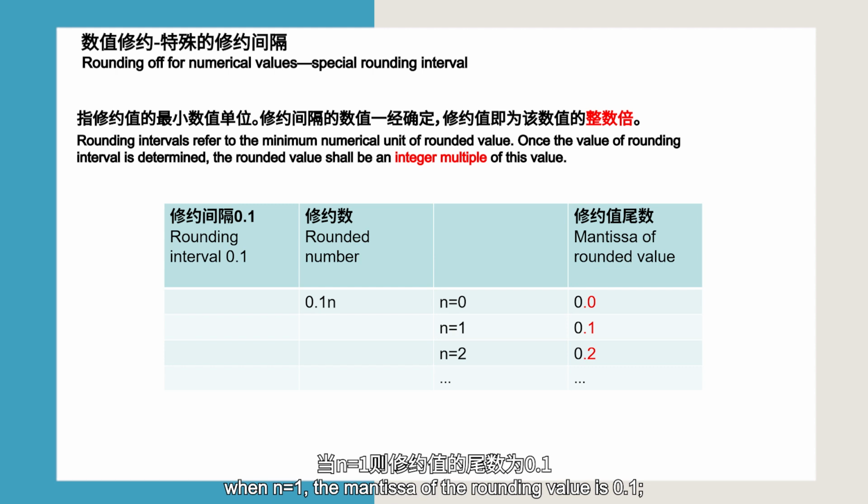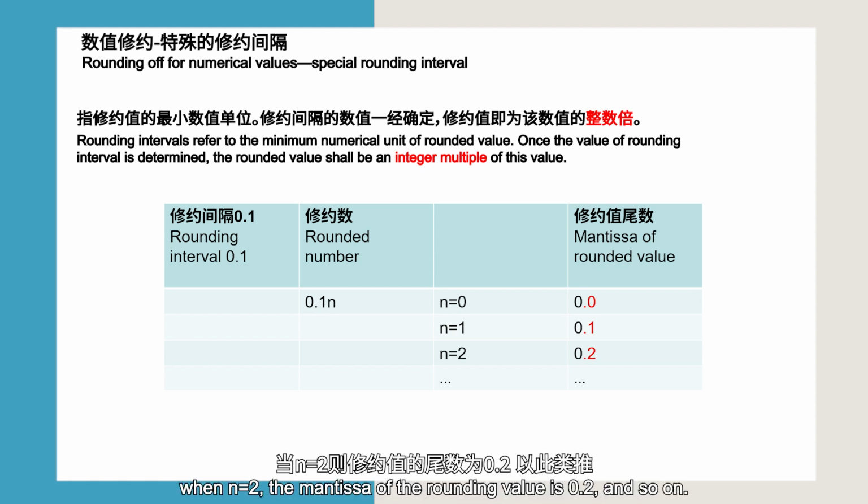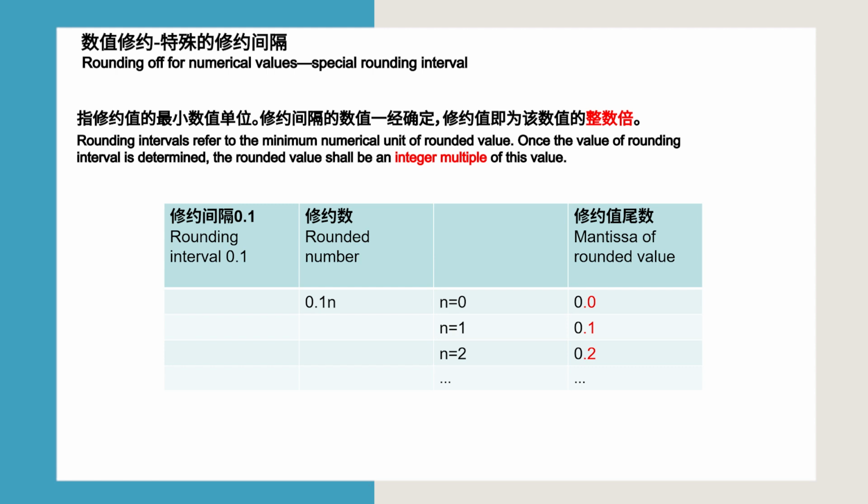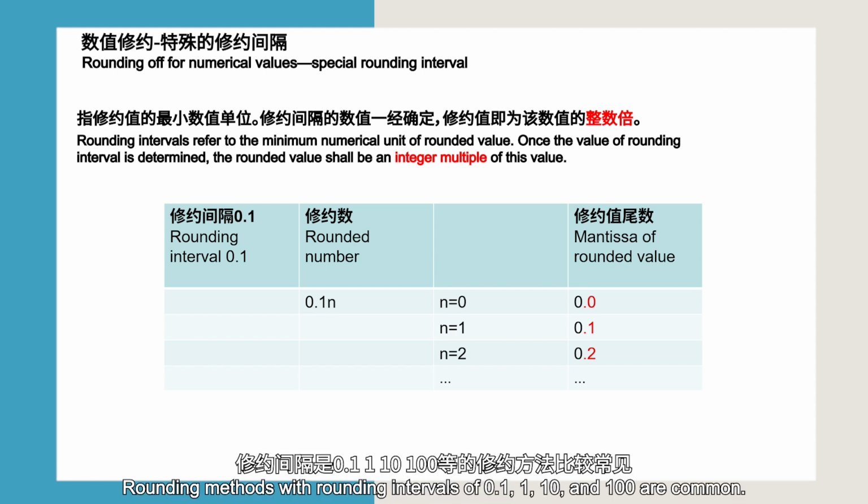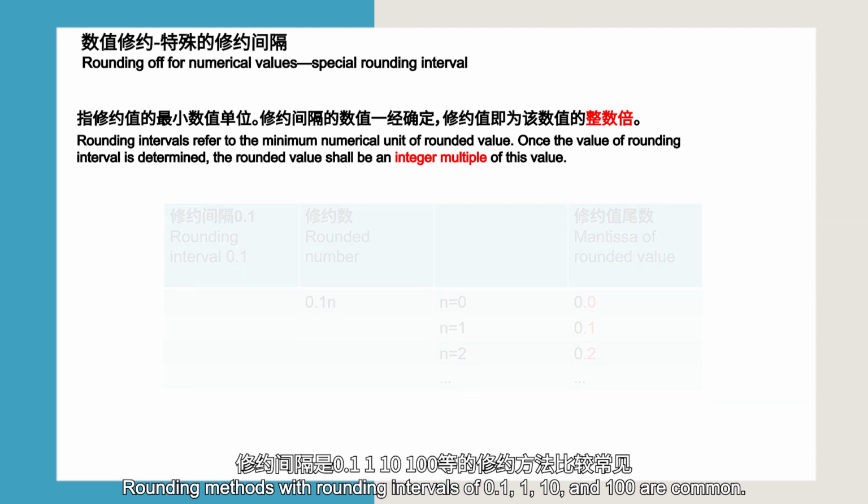When n equals 1, the mantissa is 0.1. When n equals 2, the mantissa is 0.2, and so on. Rounding methods with rounding intervals of 0.1, 1, 10, and 100 are common.